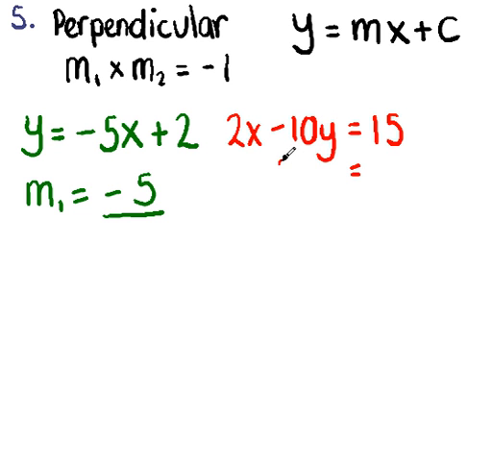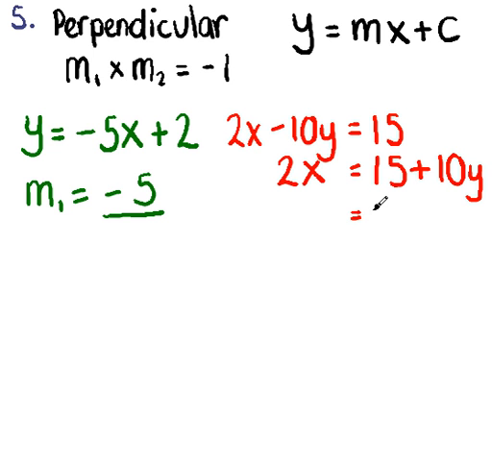Now you might think that that's a silly idea to begin with because y won't be on the correct side, but what it does is it gets rid of that negative sign attached to the y. So negative 10y, change sign, will give us plus 10y. So we have 2x equals 15 plus 10y.